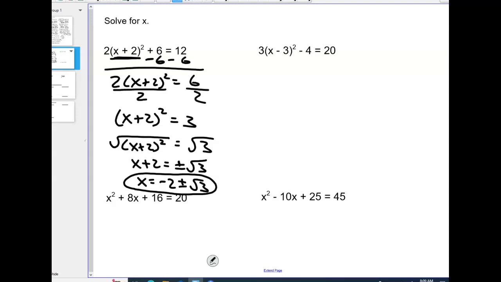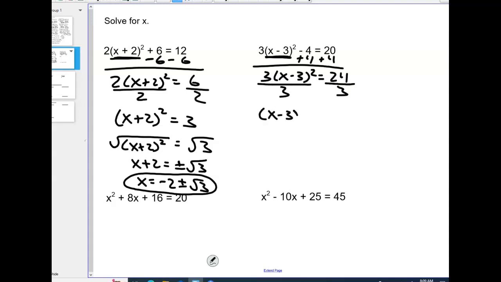Second one, same deal. You're getting the parenthesis alone. I'm going to add 4. 3 times x minus 3 squared equals 24. I'm going to divide by 3. X minus 3 squared equals 8. From here, we're taking the square root of both sides.